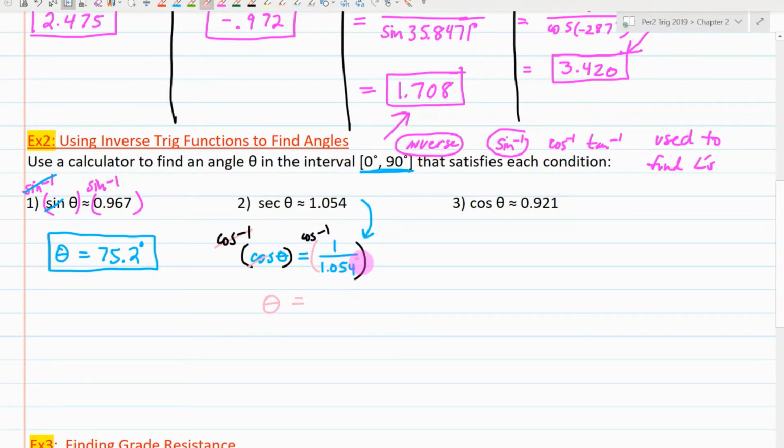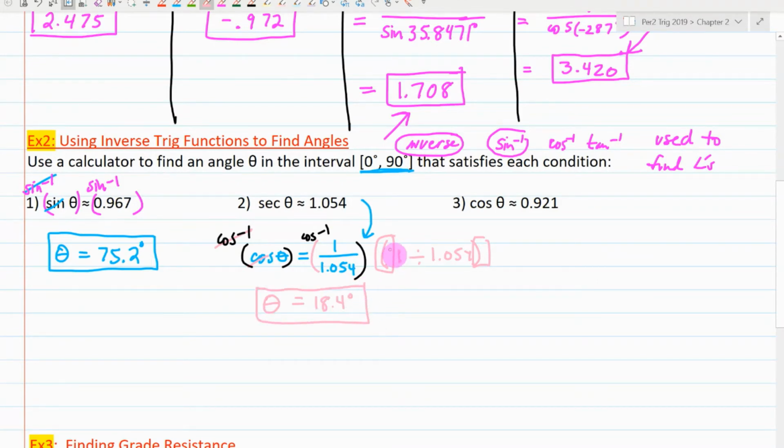Don't use the fraction bar in your calculator. A lot of you will get an error if you try to use a fraction bar with a decimal. So just use a parenthesis and then a 1 divided by 1.054, close parenthesis, when you're putting this in your calculator, and then you do inverse cosine first. For some of you, you'll be doing inverse cosine afterwards, depends on your calculator. You should get 18.4 degrees.